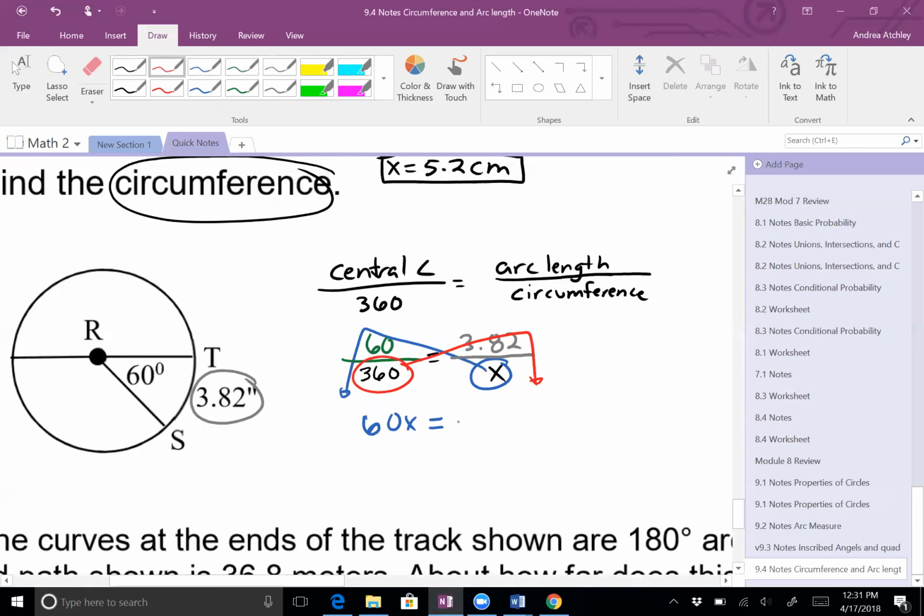And that gives me 1375.2. Then I divide by 60, divide by 60.